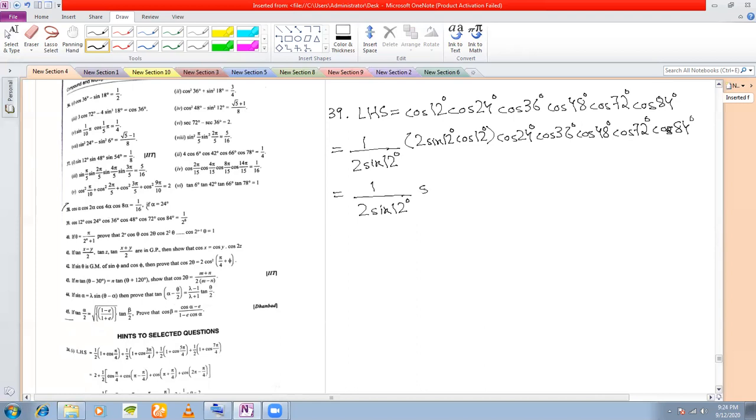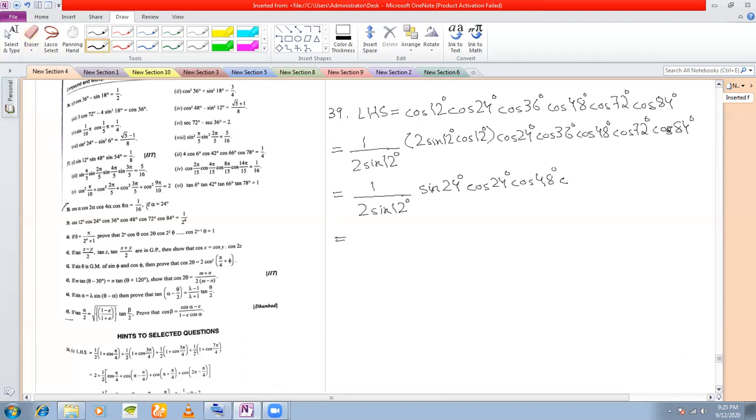So this is 1 by 2 sine 12, and 2 sine 12 cos 12 is sine of double of 12, so sine 24 degree, and the others remain as they are: cos 24, cos 36, cos 48, cos 72 degree, and cos 84 degree. Oh, cos 36 I missed.